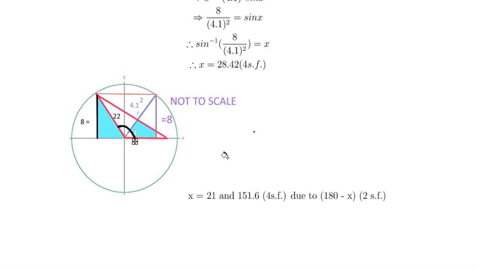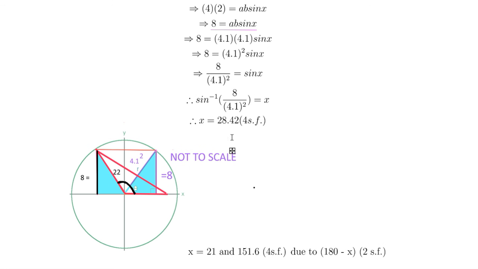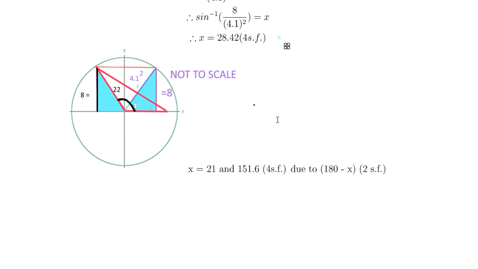So what I would do is I would say, okay, if this x is 28.42, then we can finish off by suggesting that this angle in here is 180 minus x, which will be the equivalent of 180 minus the 28.42 that we have.